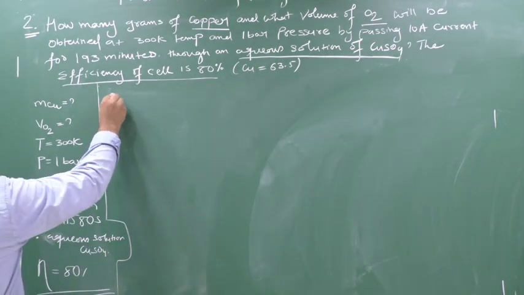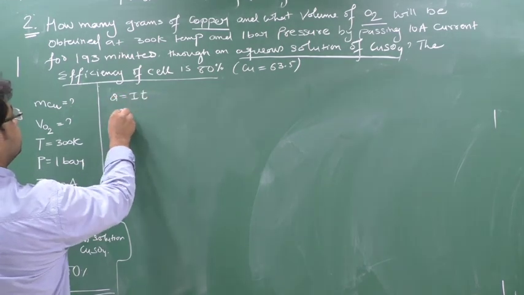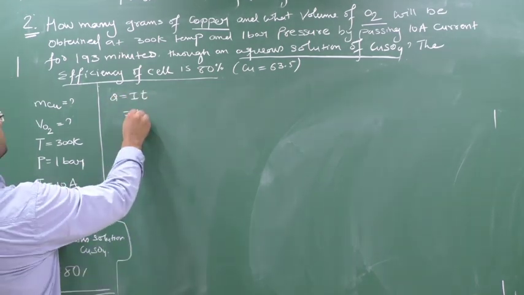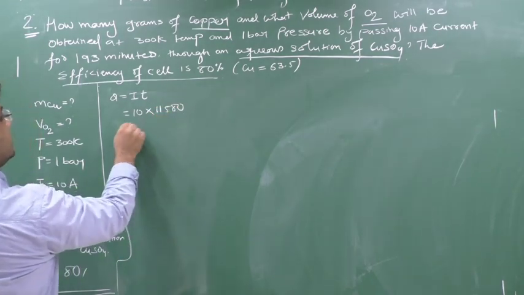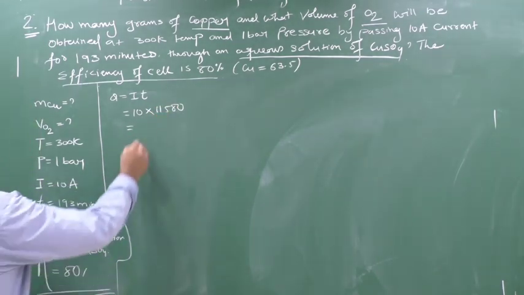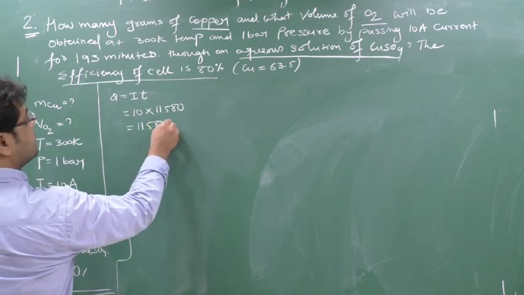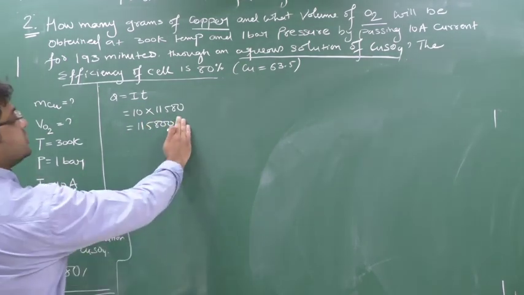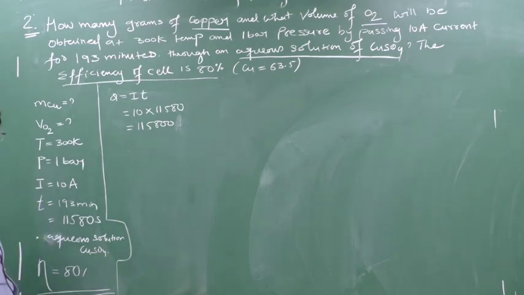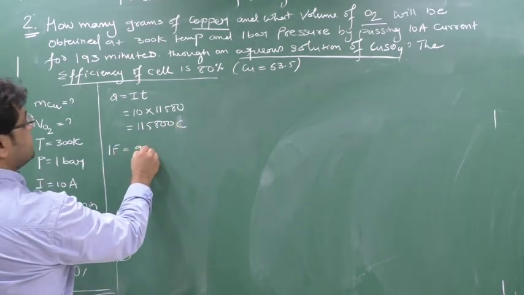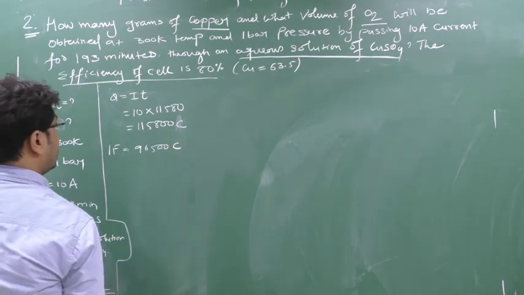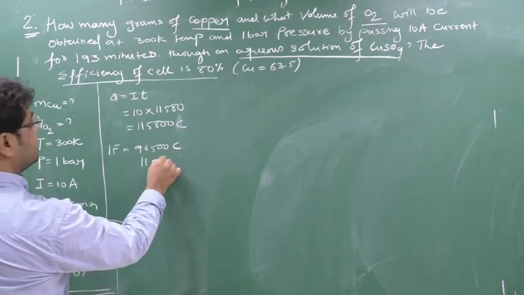You know Q equal to IT. How much current? 10. How much time? 11580. Okay, always time should be taken in seconds. So 11580 seconds. So this is Q. Q is a charge. Charge will be calculated in coulomb. Now we know 1 Faraday equal to 96500 coulomb. How much coulomb we have? 11580 coulomb.